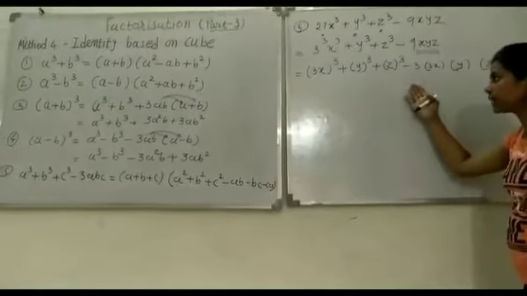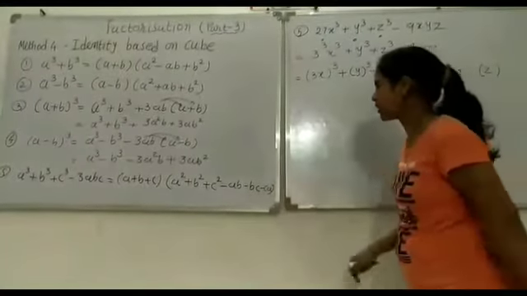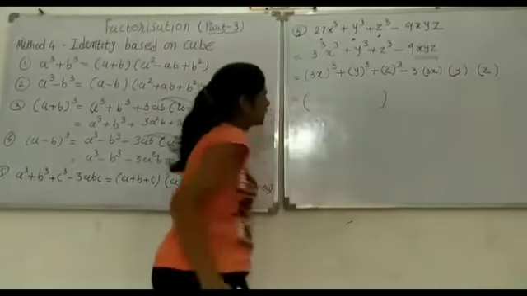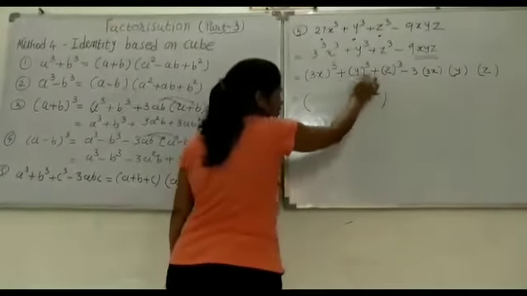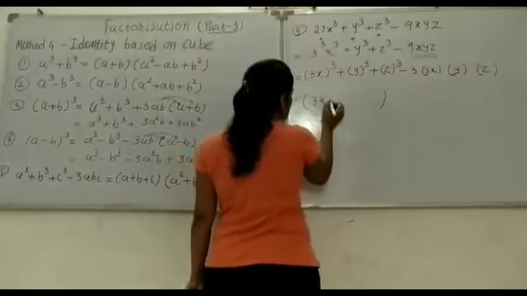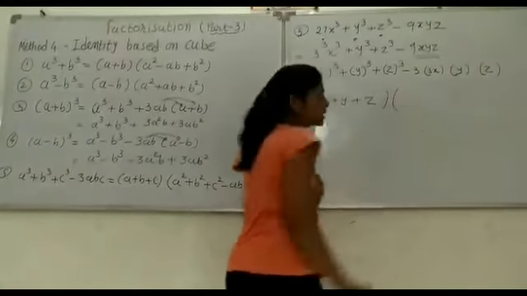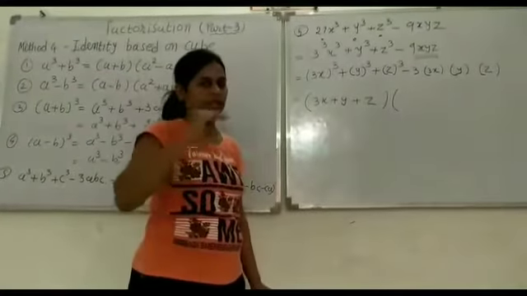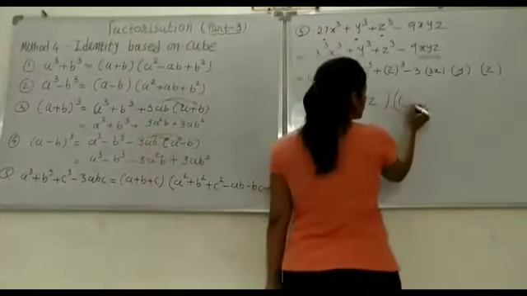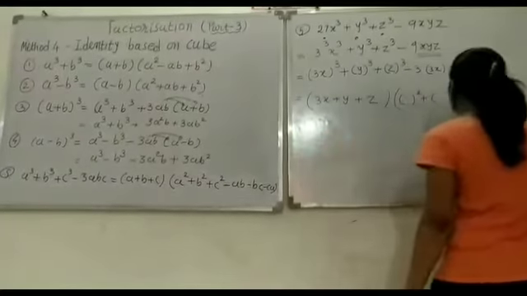Now which identity can you apply here? This identity. So its expanded form is: in the first bracket you have to write these 3 terms with plus in between as it is, so 3x plus y plus z. In the second bracket you should write individual squares with plus sign: first square plus second square plus third square.